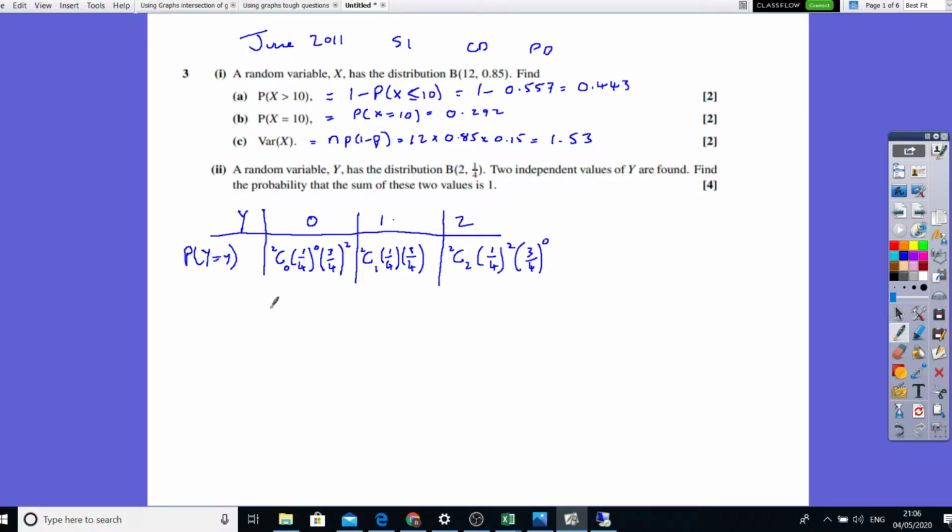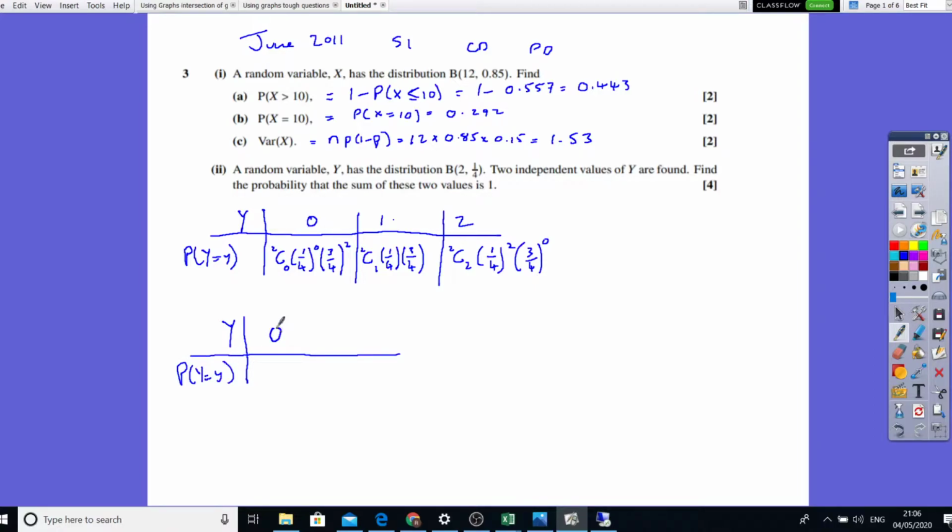If you put those calculations through your calculator for 0, 1, 2, you'll get a probability distribution table, probability y equals small y.